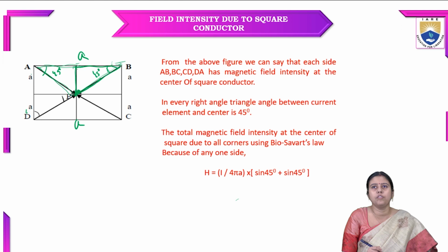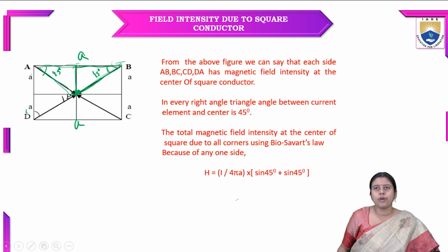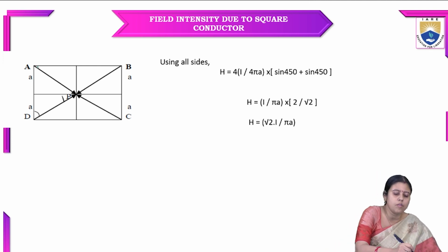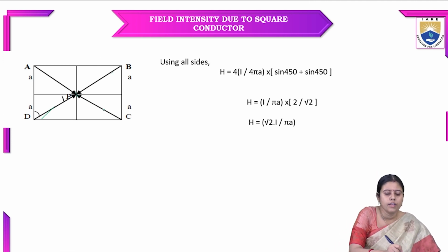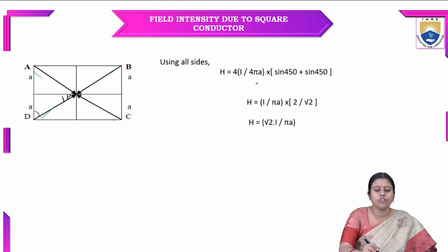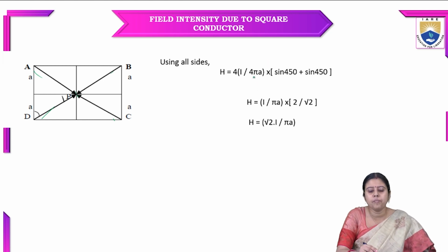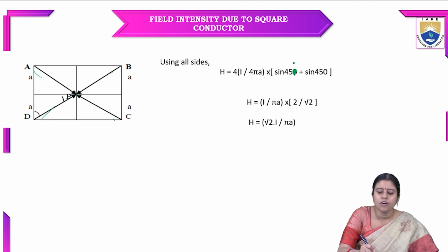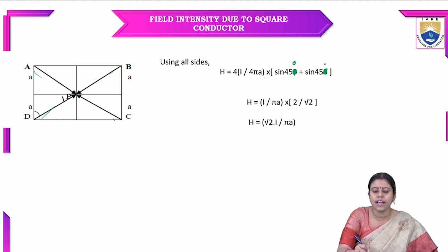If we use all the four sides, how many triangles are there? 1, 2, 3 and 4. So 4 into I by 4 pi A into sine 45 degree plus sine 45 degree.